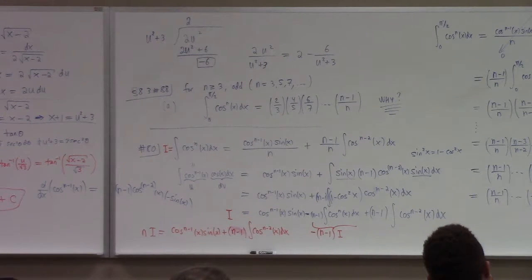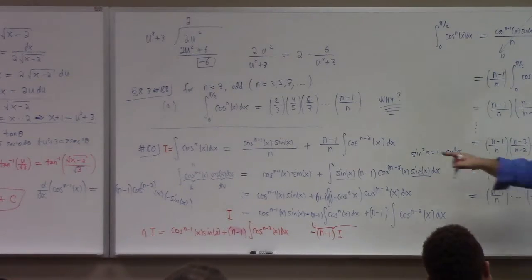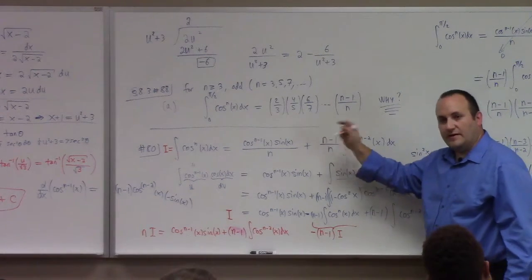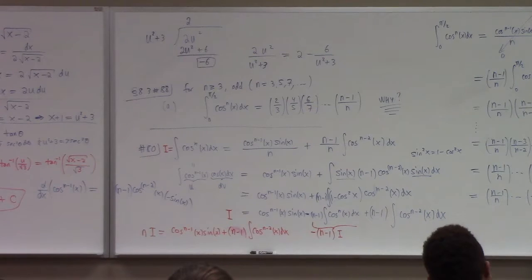Minus the integral of what? Oh, I'm sorry, I forgot my factor. Worked so hard to derive it, now I didn't even put it down. I'm supposed to put n minus 1 over n, which is 2/3 integral of cosine. And so there you go.